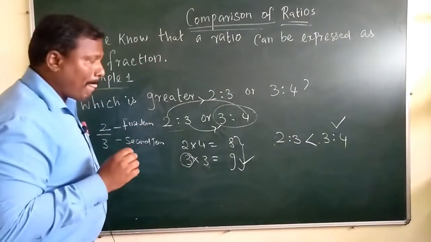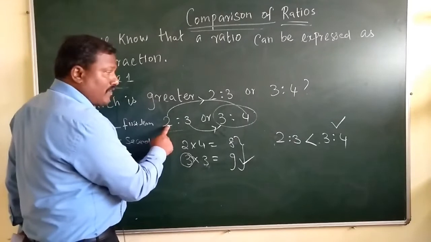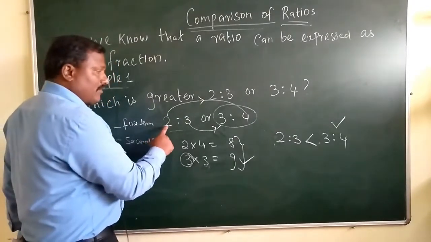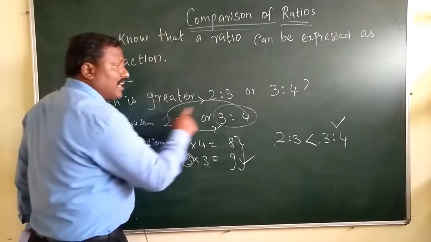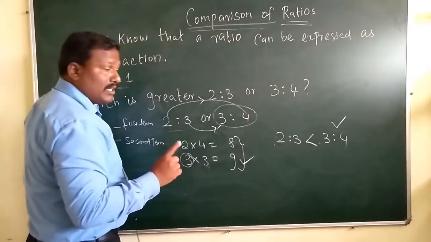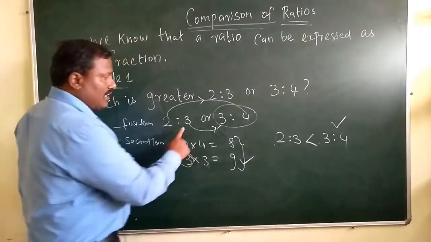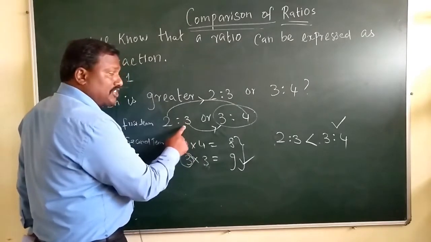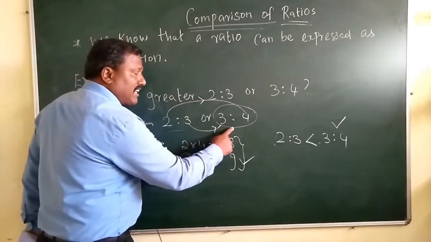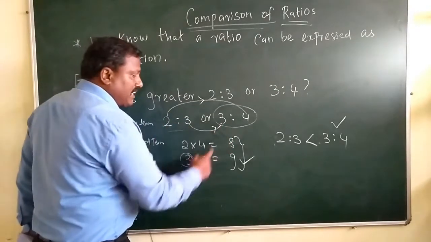Listen carefully. First we multiply the first term of the first ratio and the second term of the second ratio. The product is 8. Then the second term of the first ratio and the first term of the second ratio: 3 3s are 9.